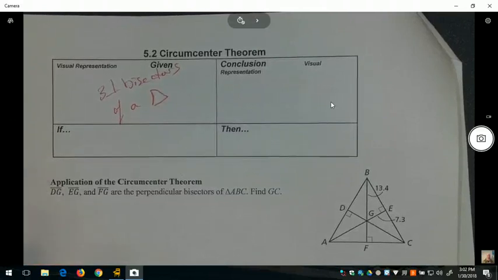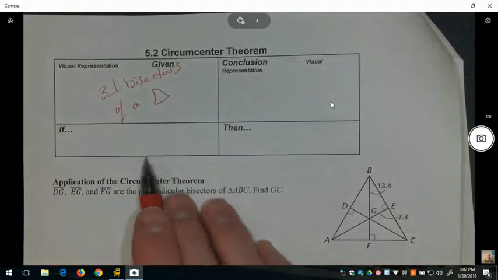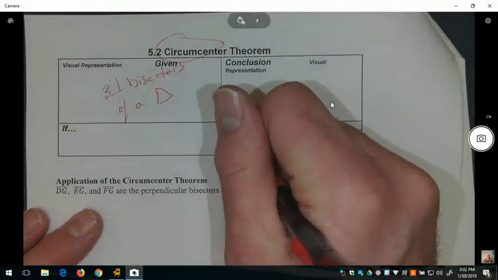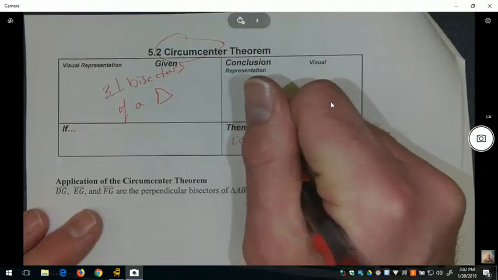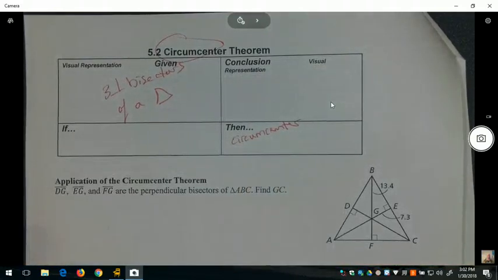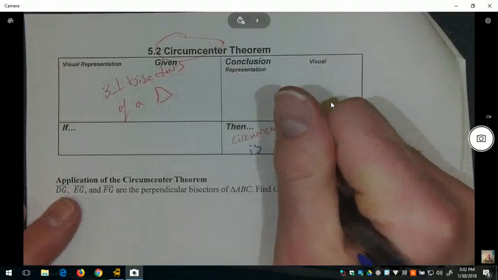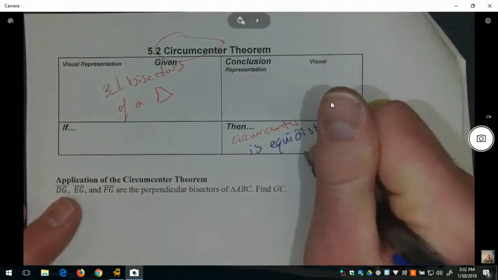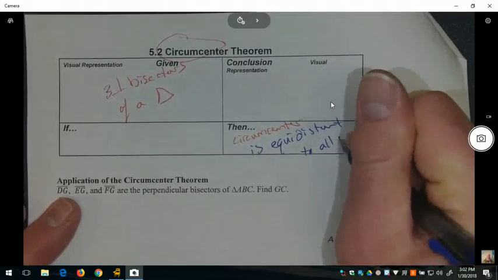If 3 perpendicular bisectors concur at a point, we already know that point is called the circumcenter, then that circumcenter, you can get the formal definition from the book if you want, but here's what you need to know. Circumcenter is equidistant to all vertices.